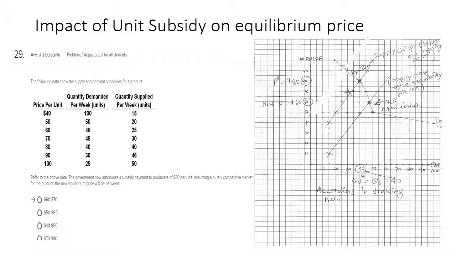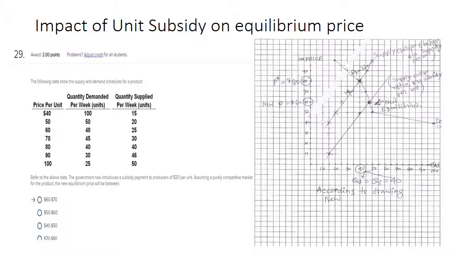curve, the after-subsidy supply curve, the intersection with the demand curve happens at a price somewhere in the neighborhood of 60. And now on the multiple choice options, the correct answer is between 60 and 70, and that range is befitting because the original pre-subsidy price was 80 and the new one is found to be at 60, so it is coming down.